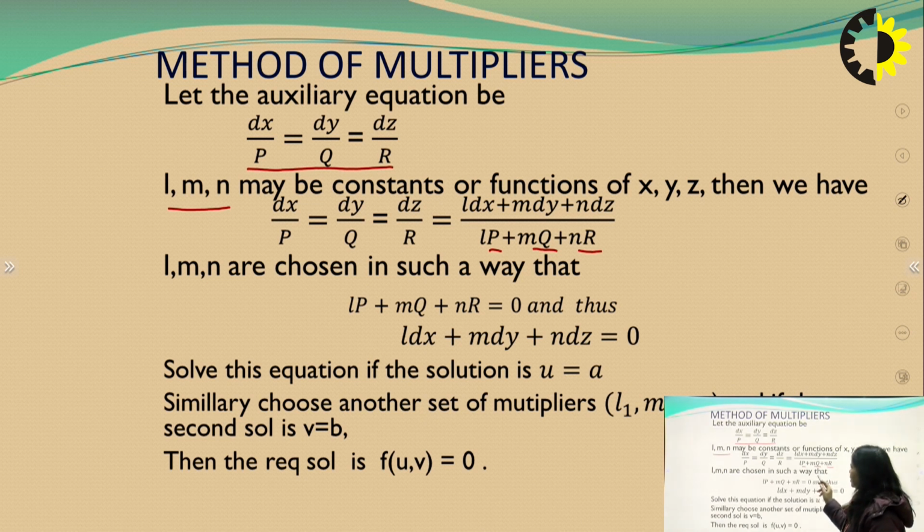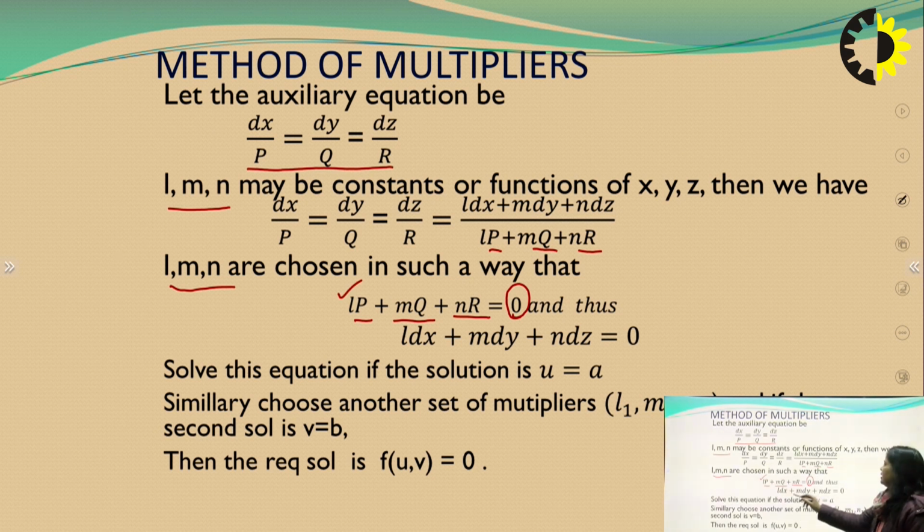While choosing these elements, we have to remember that this entire value LP plus MQ plus NR must be taken equal to 0. So L, M and N are chosen in a way that this entire expression is equal to 0.